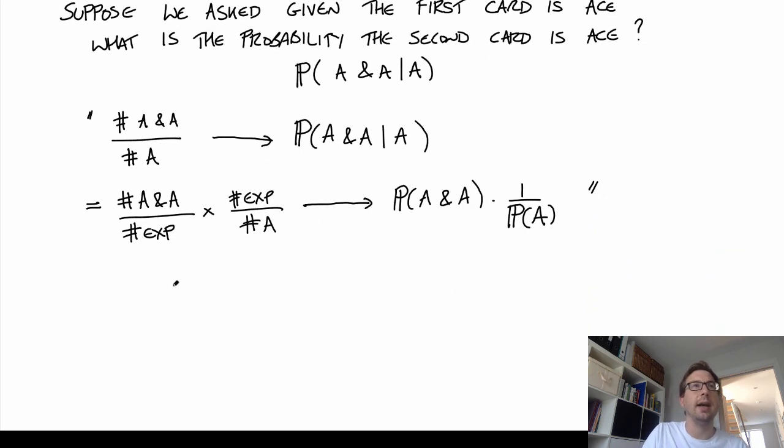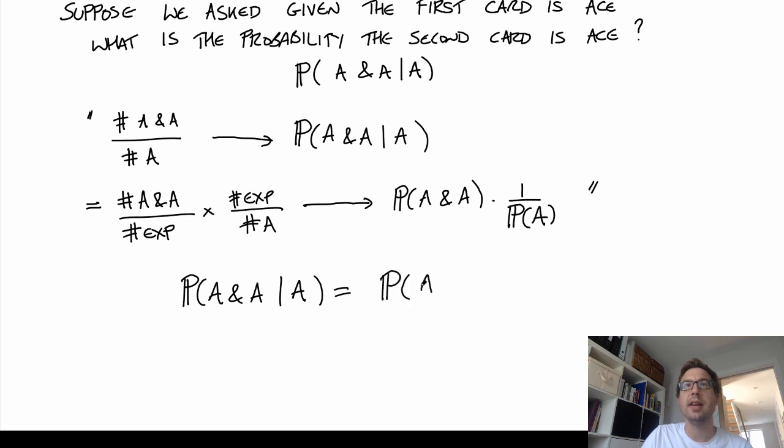So then we could say here, in this case, that the probability of an ace and an ace given an ace is equal to the probability that we get an ace for the first card and an ace for the second card, divided by the probability of an ace for the first card. So that's roughly what conditional probabilities are.